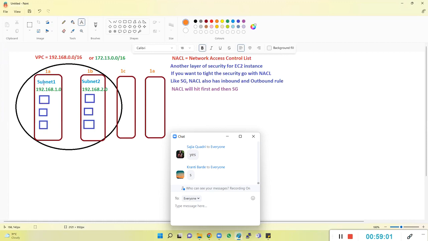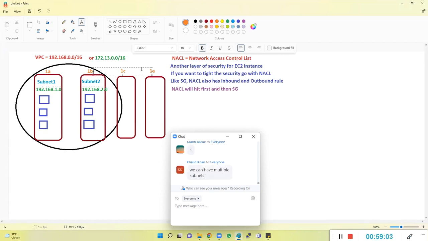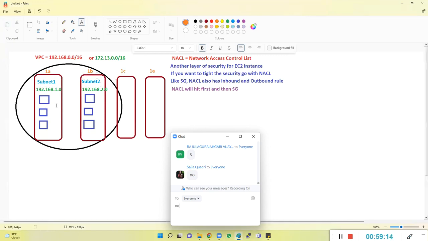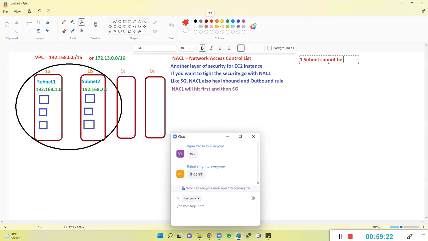Can subnet 1 be in multiple availability zones at the same time? Understand the question. One subnet cannot be in multiple availability zones at the same time.